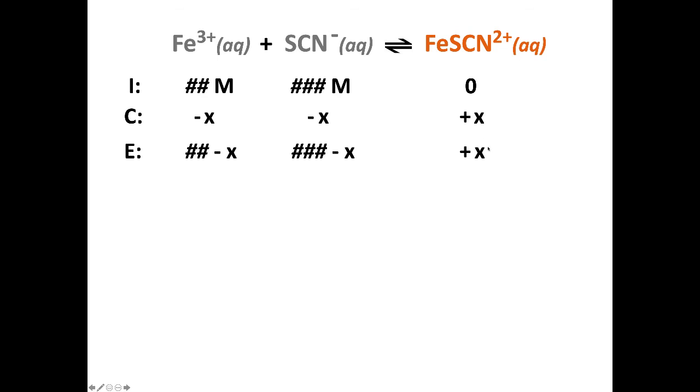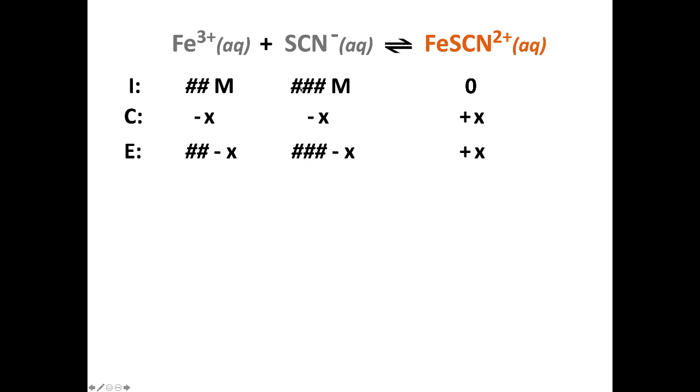And then remember, the FeSCN2+ concentration at equilibrium is what we get from the absorbance. So you'll have the absorbance for this solution, you'll use the calibration graph to determine the concentration, and that means you know this X value, so you'll know it here and you'll know it here.